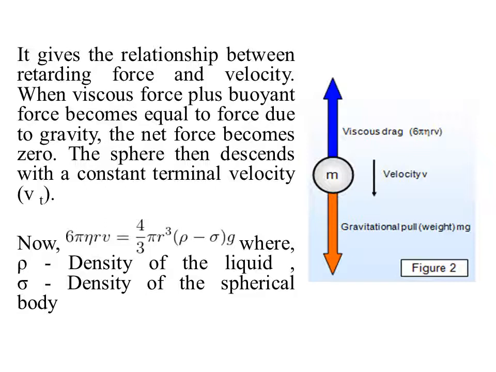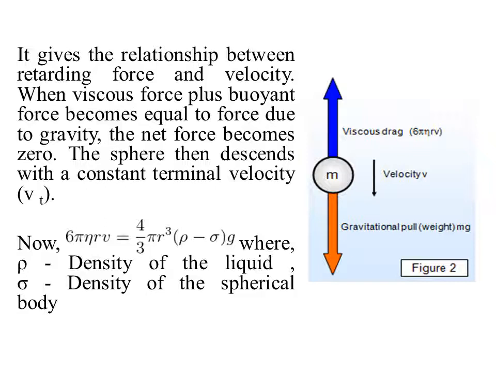When the viscous force plus the buoyant force becomes equal to the force due to gravity, the net force becomes 0. So (4/3)πr³ρg and (4/3)πr³σg are the forces which are making the ball come down.